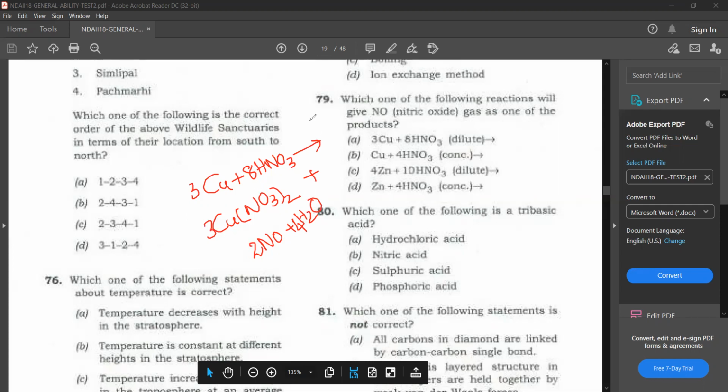When we treat copper with dilute nitric acid, we'll get NO. With concentrated nitric acid, that is the second case, we'll get NO2, nitrogen dioxide, not nitric oxide. So the first reaction gives nitric oxide, as dilute HNO3 is used. Concentrated HNO3 gives nitrogen dioxide only. So the answer is option A.